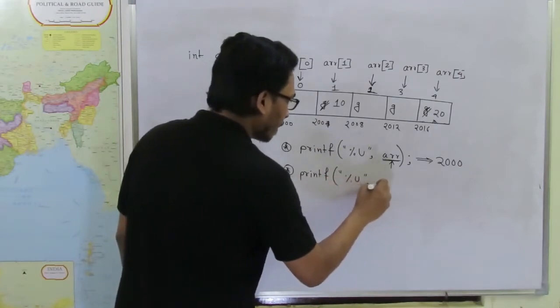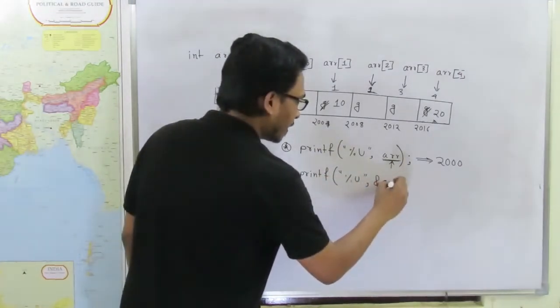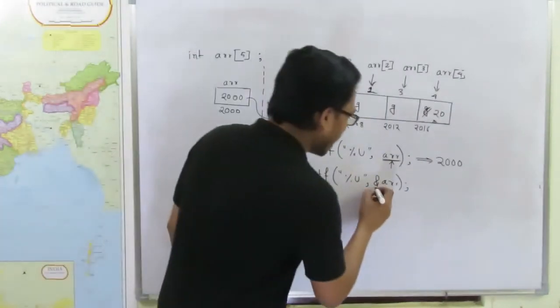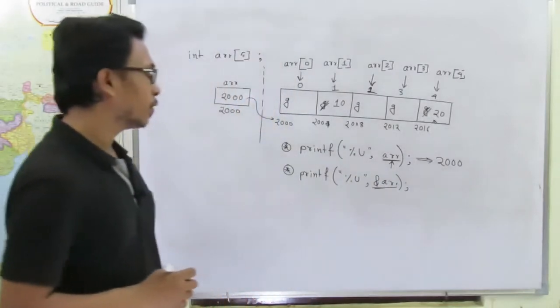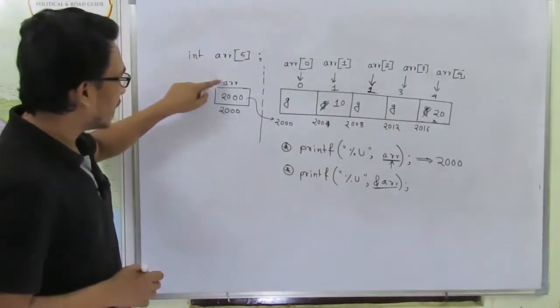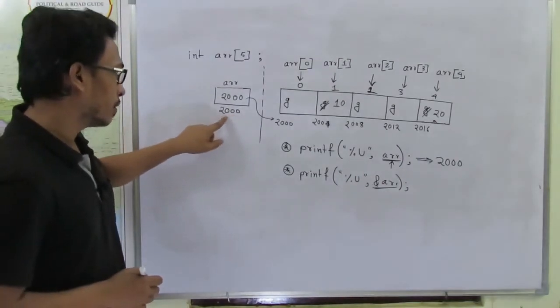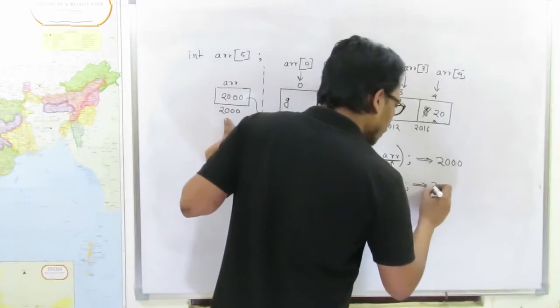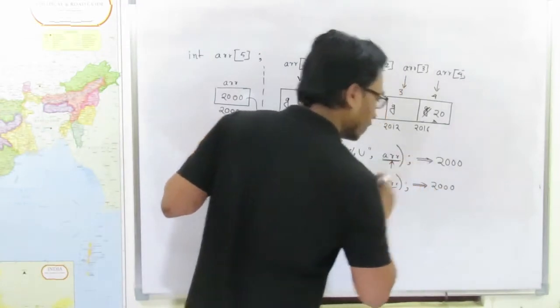Clear? Now let's say we give the instruction printf %u address of ARR. What will it print? It will print the address of ARR. So where is ARR present? ARR is this one, and the address of ARR is 2000. That means it will print the address 2000. Clear?